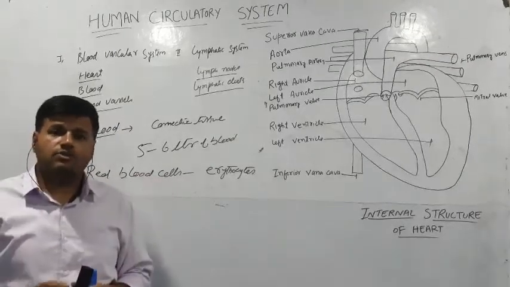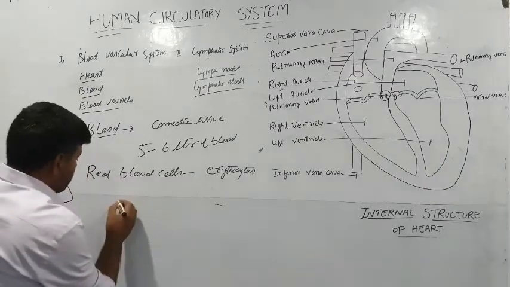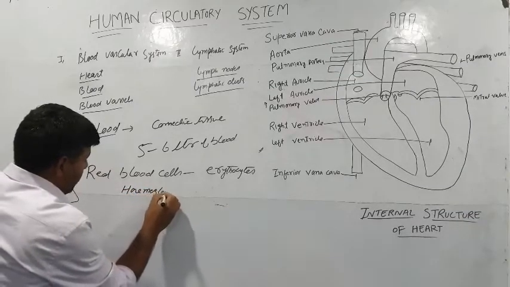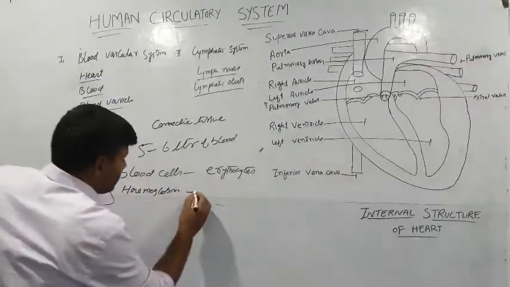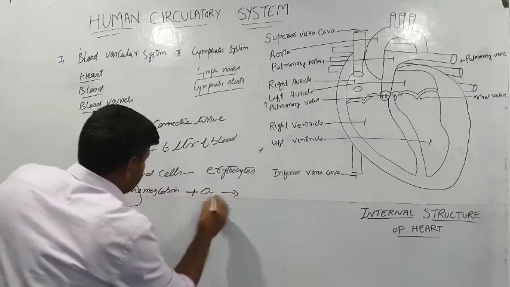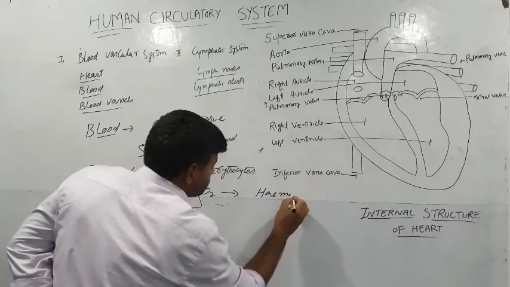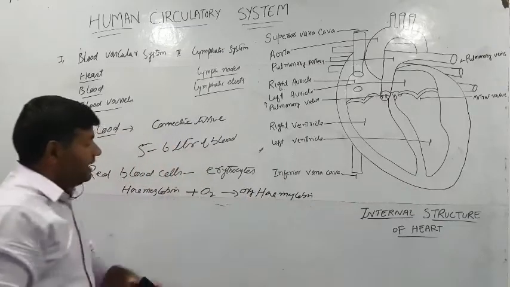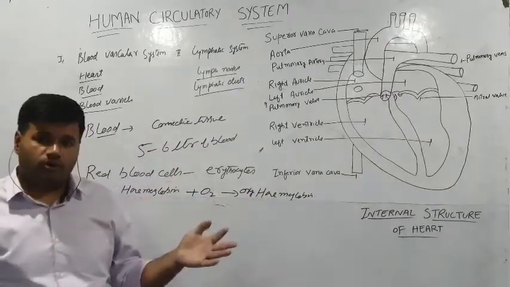How do RBCs actually transport oxygen and carbon dioxide? Red blood cells have a protein known as hemoglobin, and because of this hemoglobin our blood is red. Hemoglobin combines with oxygen to form oxyhemoglobin, and in this state oxygen is carried from our lungs to all of our body cells.